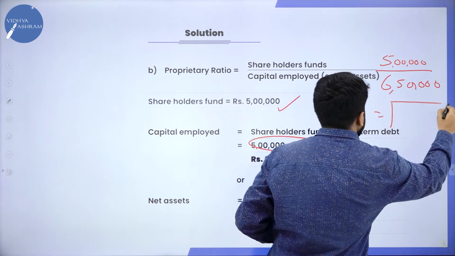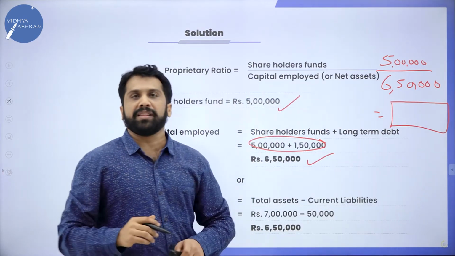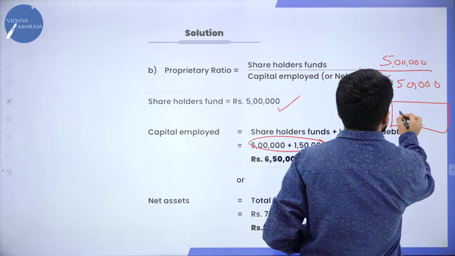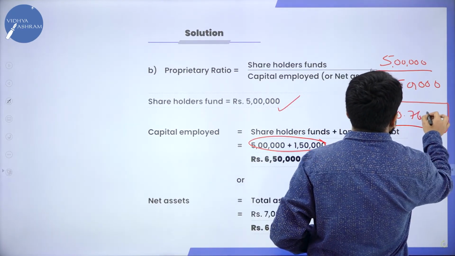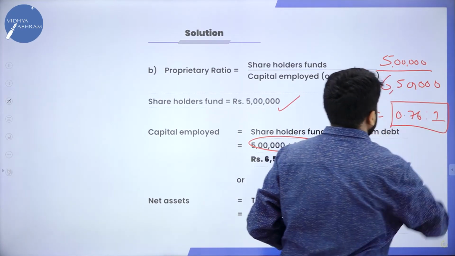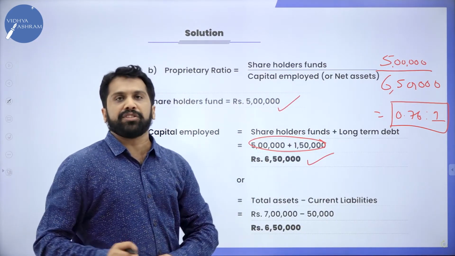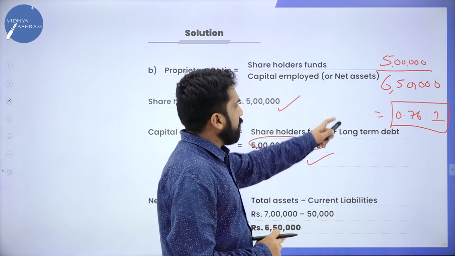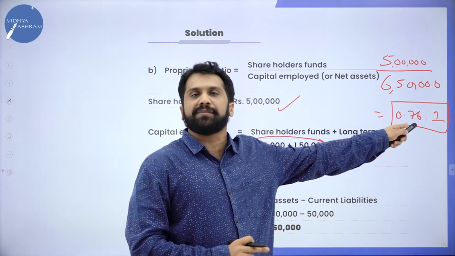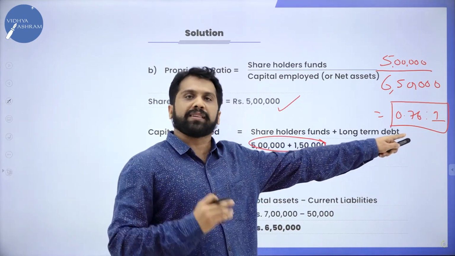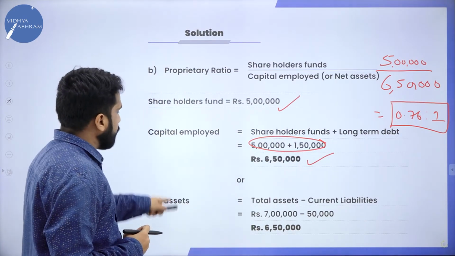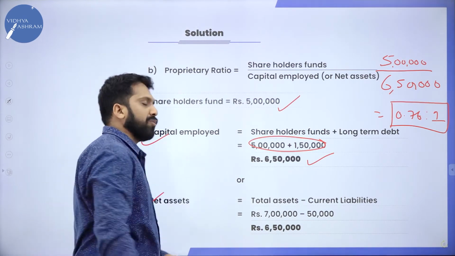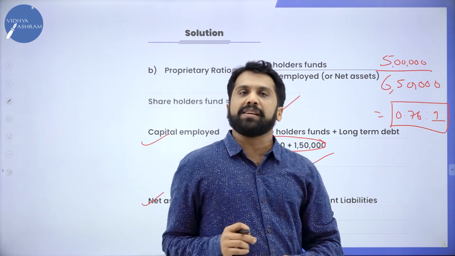If you divide this, you will get 0.76 is to 1. This much only is the calculation. As I told you, denominator is always 1. What is your answer now? 0.76 is to 1. Similarly, you have to remember what is your net asset. You have to remember the formula for capital employed.